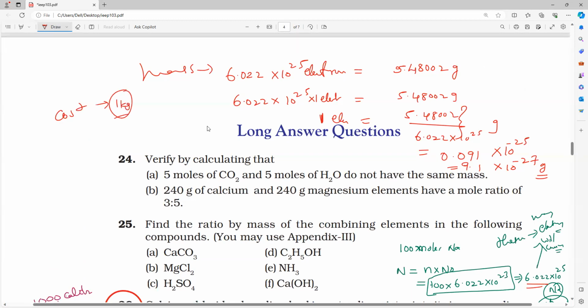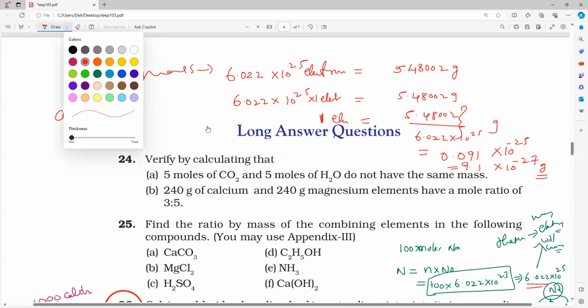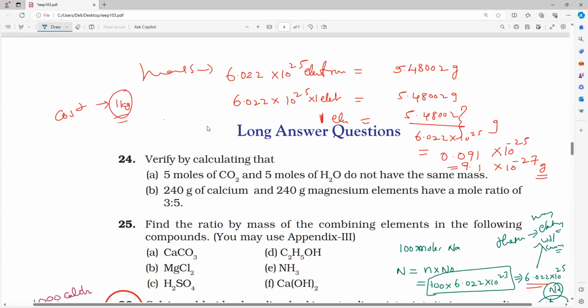The same thing I am doing. To know the mass of mercury in 225 grams, you need to know the mass of Hg in 1 gram of HgS. That is what I am doing.